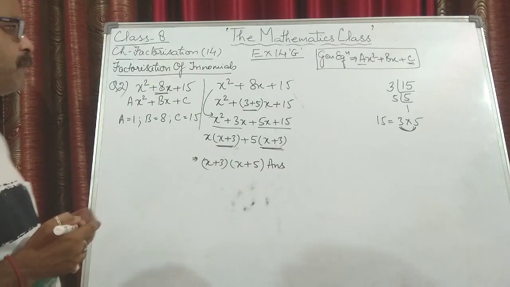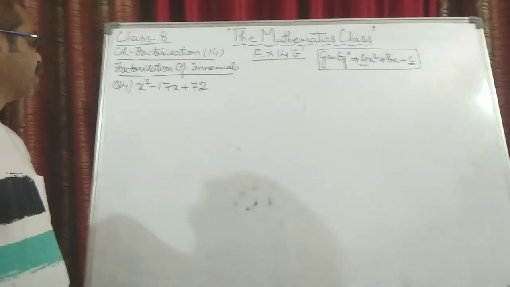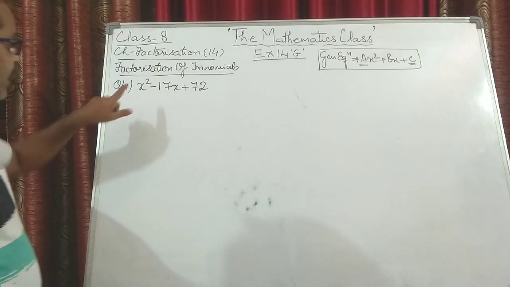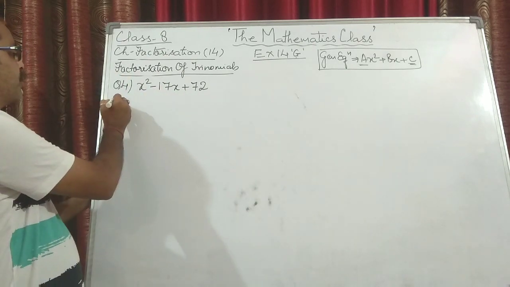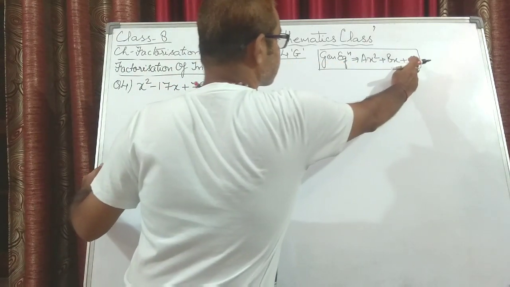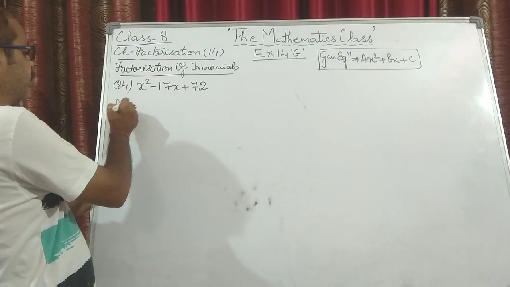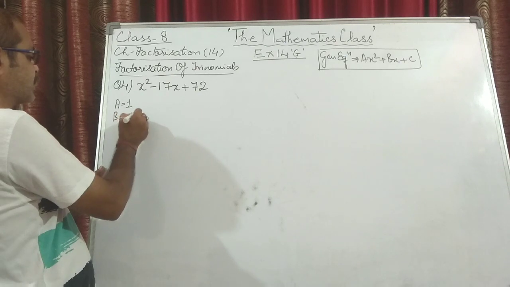Now we'll take question number 4 and I'll again explain to you in the same respect. Next question I am taking is question number 4. X square minus 17x plus 72. Here also, if you compare it with the general equation ax square plus bx plus c, you can easily make out that value of a is 1, value of b is minus 17.